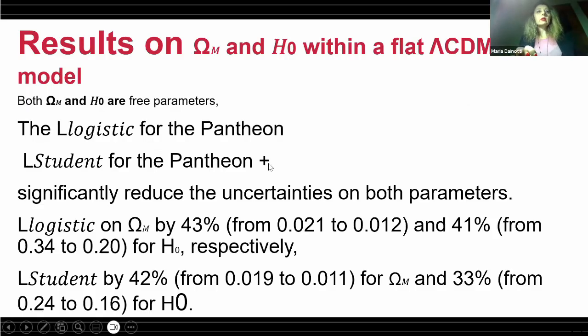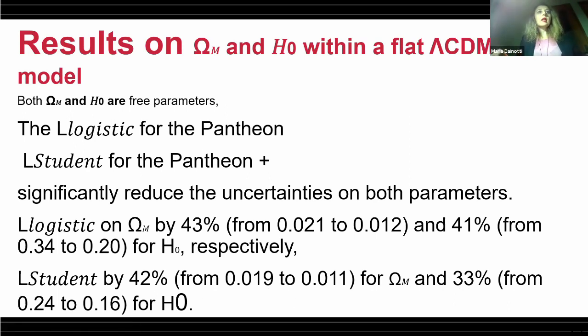Now, going to the reduction of the uncertainty on the parameters, we have that with the logistic distribution the uncertainty is reduced by 43% for the value of omega m, from 0.021 to 0.012, and by 41% for the Hubble constant, from 0.34 to 0.20, respectively. Then, if we consider the t-student distribution, this reduction in the uncertainties is up to 42%, from 0.019 to 0.011 for omega m, and 33% for H0, from 0.24 to 0.16.